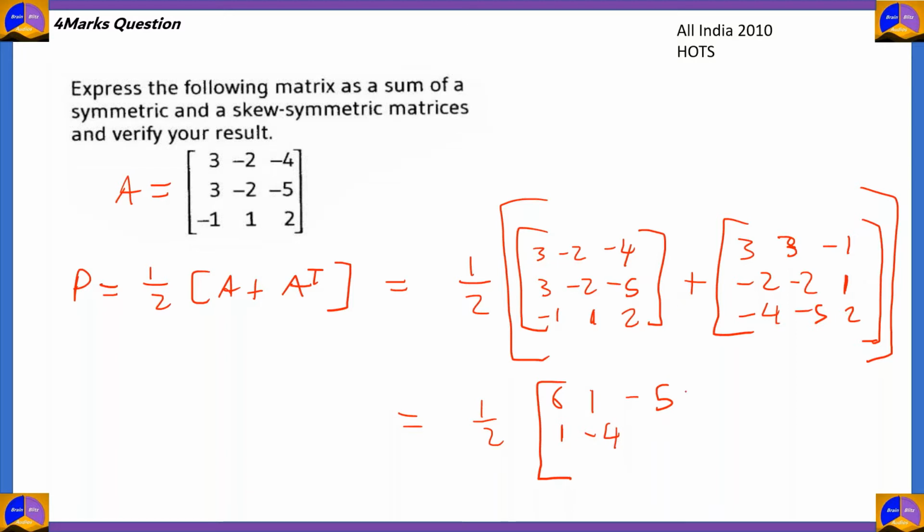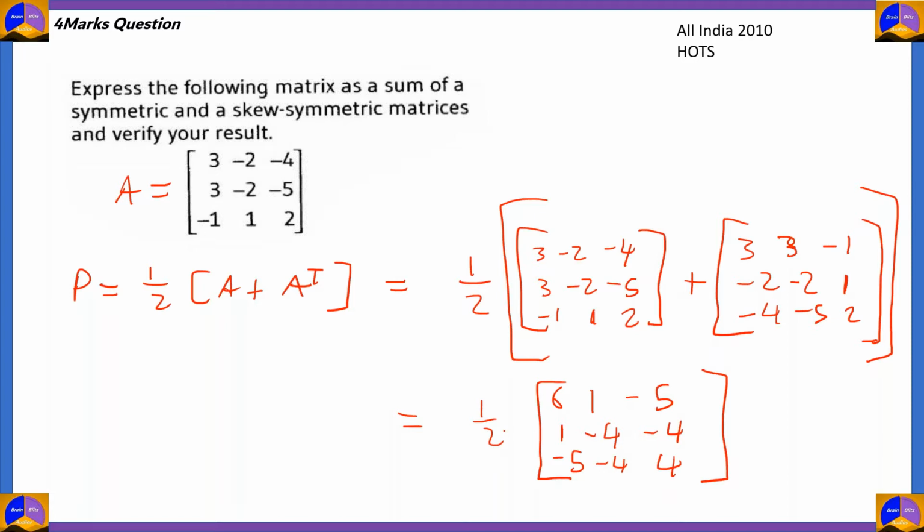And minus 5 plus 1, that's also minus 4. Minus 1 minus 4 is minus 5. 1 minus 5 is minus 4, and 2 plus 2 is 4. So this is half times 6, 1, minus 5; 1, minus 4, minus 4; minus 5, minus 4, and 4.